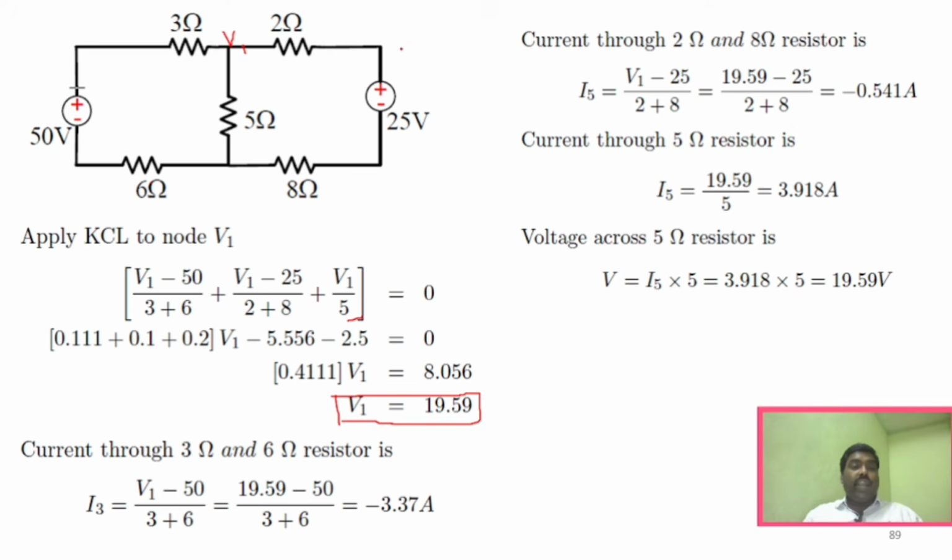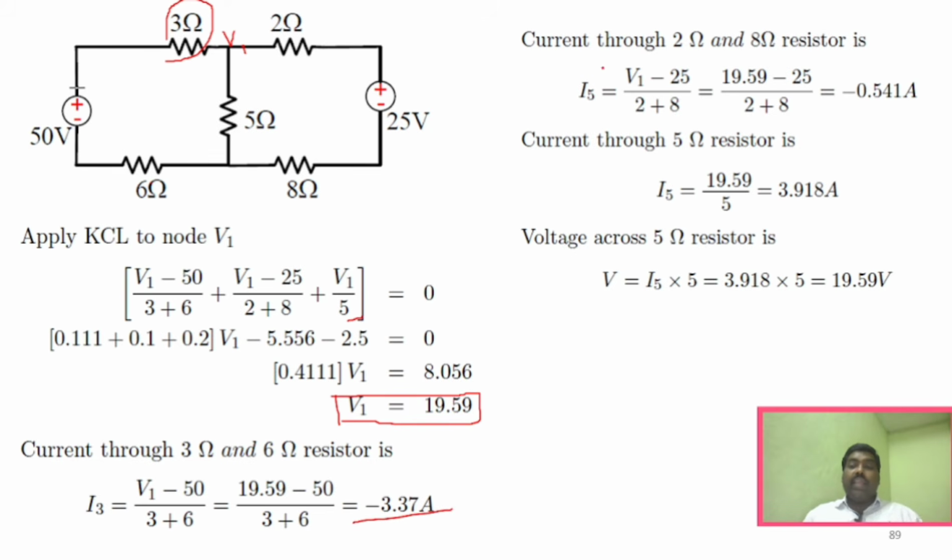If you want to find out the current across this particular resistor, 3, you have to use this expression, V1 minus 50 divided by 3 plus 6. So you will obtain this particular value.